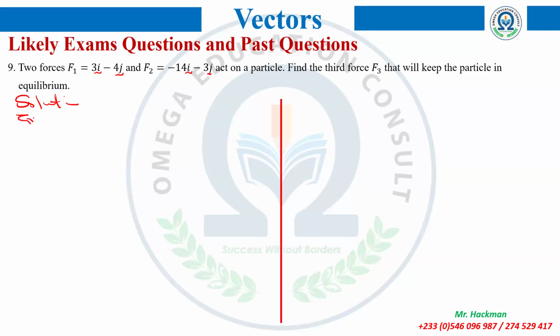F sub 1 is 3i minus 4j, so that they will be in bold. You write it and indicate that with a tilde. Then F sub 2 will be equal to minus 14i minus 3j. So that's what we have.